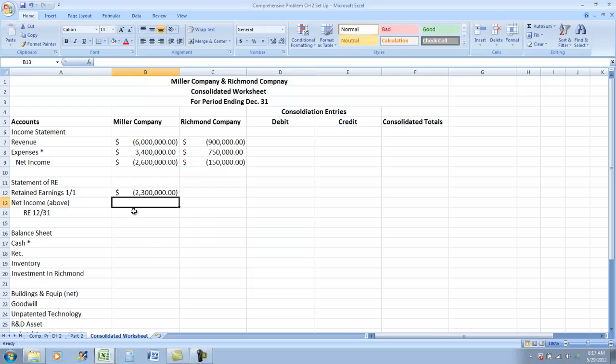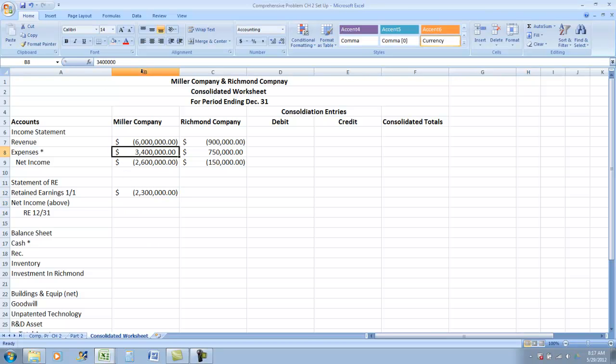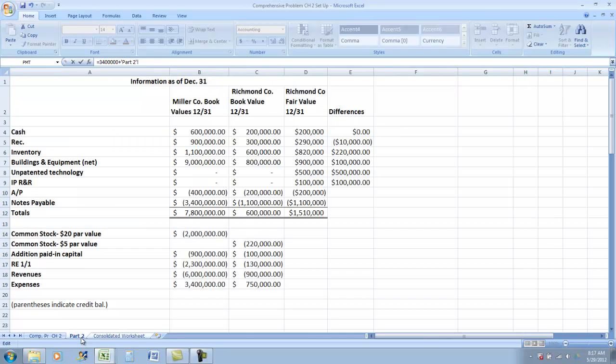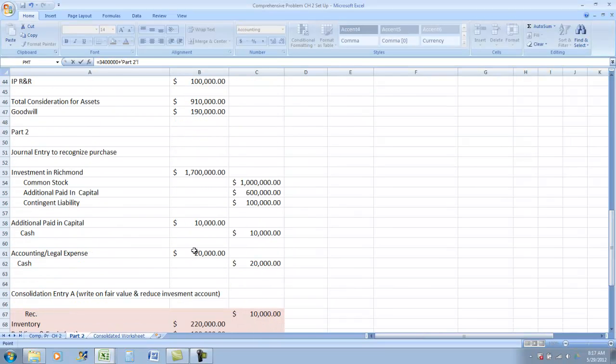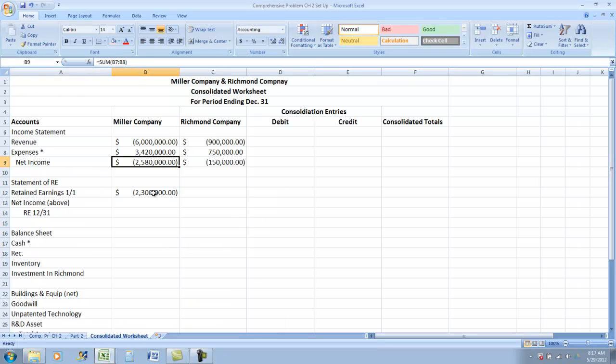Okay, so then we take the net income, but we're going to actually have to adjust these expenses because these were given before the consolidation, and we actually had more expenses, right? So I'm going to go in here and find in part 2 the additional expenses we had, and that is the accounting and legal fees. So we're going to add that $20,000 to expenses.